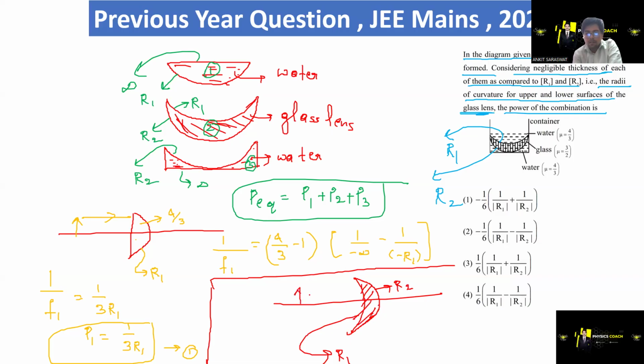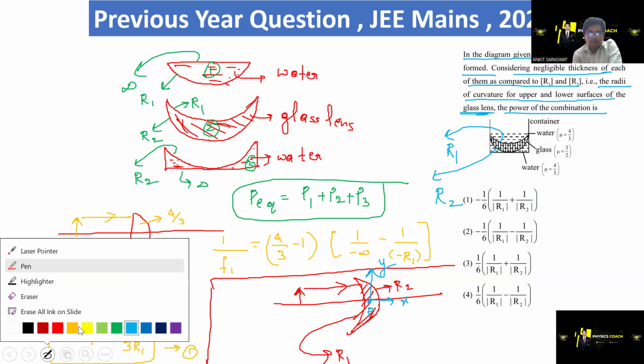Object is here. Let's draw one incident ray towards the lens, just to find which is minus and which is plus. In the direction of the incident ray, consider plus x. Pole is this. Here the pole is actually the optical center of the lens, but I am calling it the pole. All the distances are measured from the optical center.